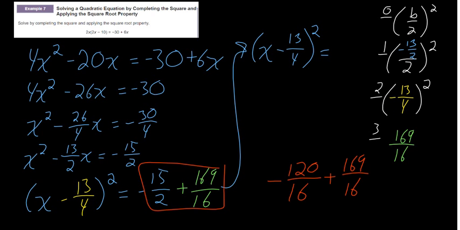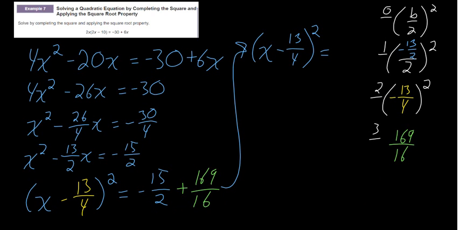Again, getting that common denominator. And of course, that ends up being 49 over 16. So that's what I'm going to put on the right side there, 49 over 16. And then now we can proceed.